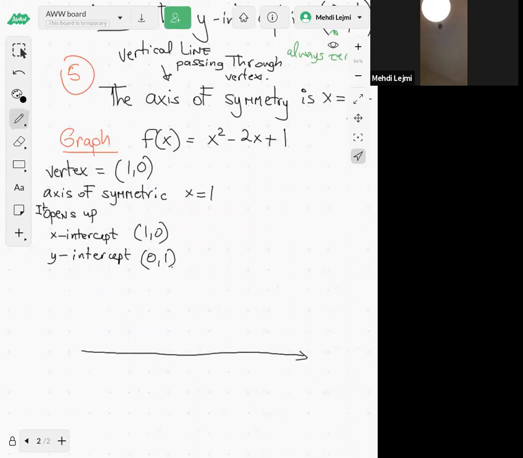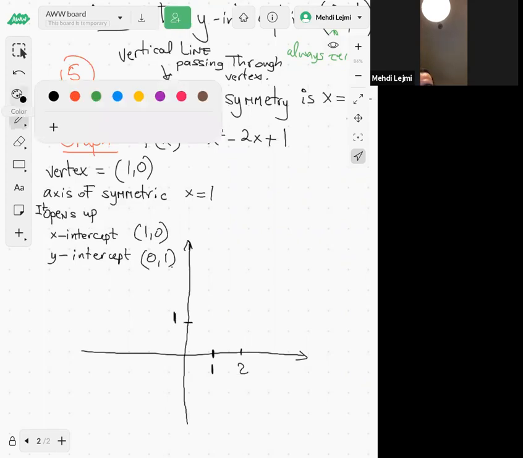So I would say the most important point is the vertex. You need to know where your vertex is, and you need to know if the parabola opens up or down, okay? So in this case, this is 1 here, 1 here, 1 here, etc. First, the vertex is 1, 0, right? So here's my vertex. x is 1, y is 0.